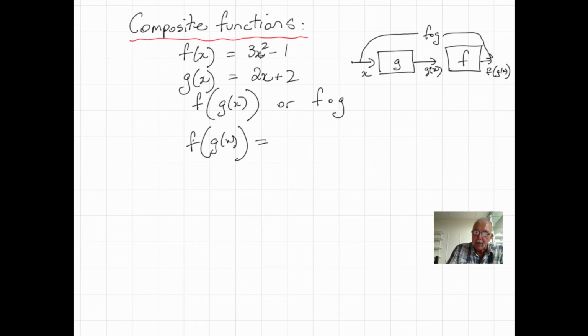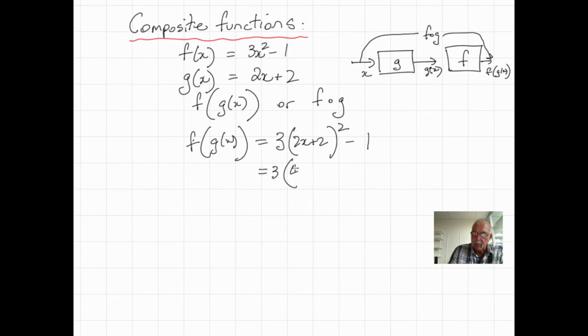Wherever I see an x up here, I've got to put the output of the g, which is the 2x plus 2. So that is the input. So that'll be 3 times whatever squared, and we put in this function here, 2x plus 2, and then we've got to take 1. When we multiply that out, we've got 3. Now we just use FOIL.